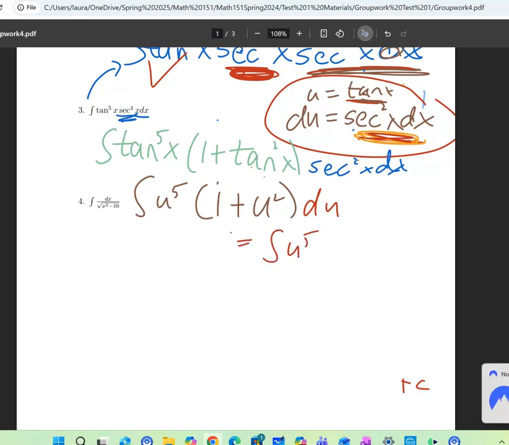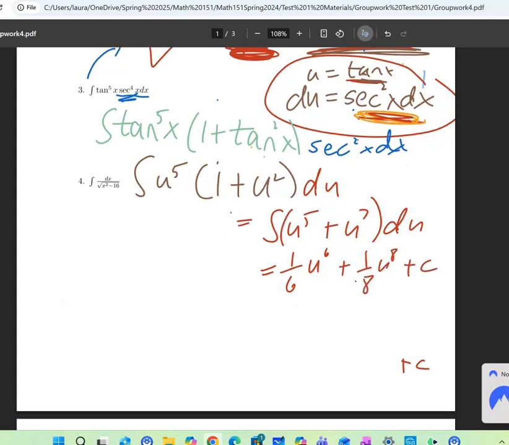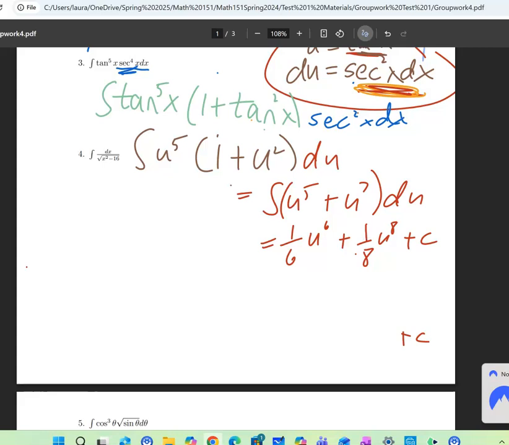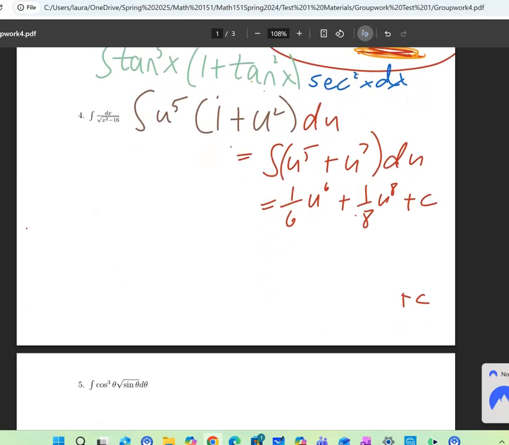So u to the fifth plus u to the seventh du. So 1/6 u to the 6th plus 1/8 u to the 8th plus a c. And then replace the u with the tangent. So I get 1/6 tangent to the 6th plus 1/8 tangent to the 8th plus a c.